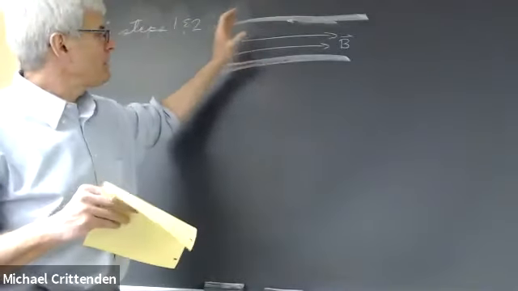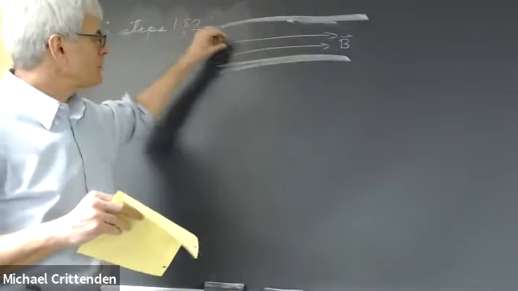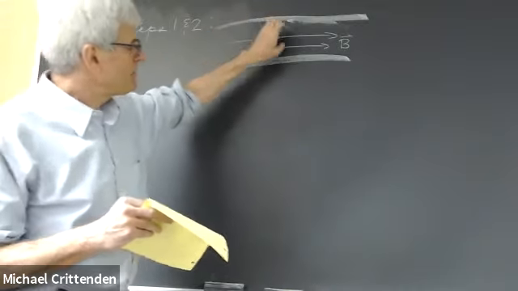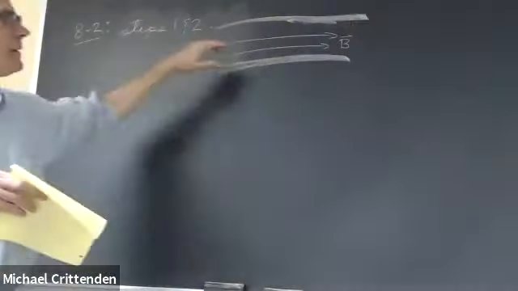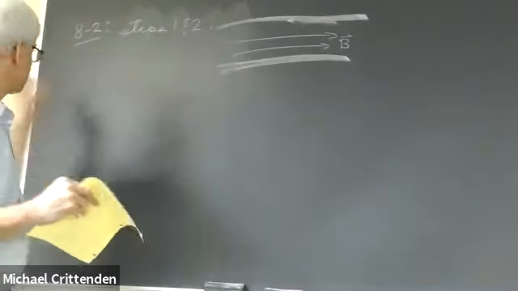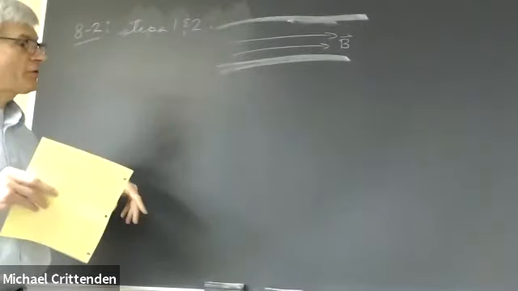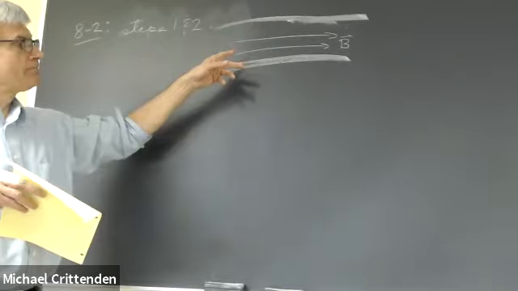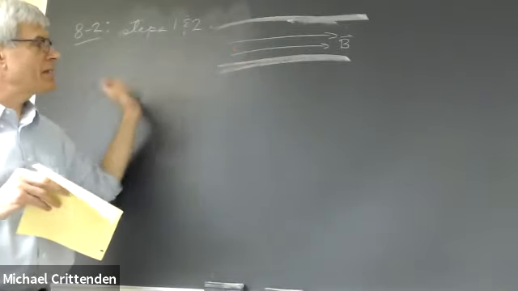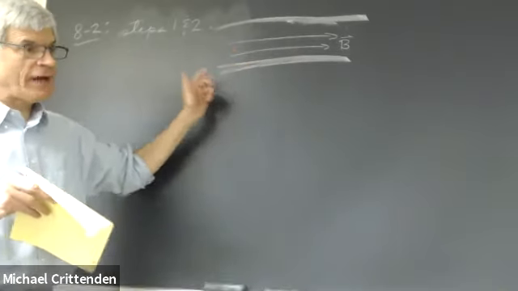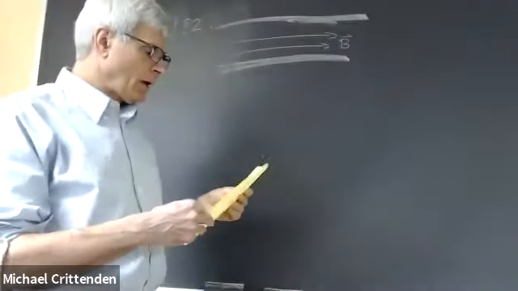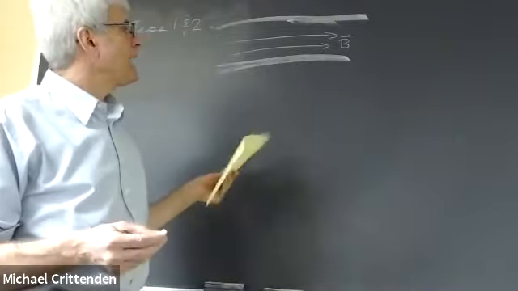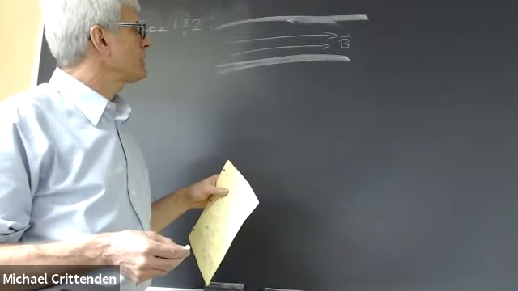So the field, as far as right and left goes, the field here has to be the same as the field here, has to be the same as the field here, because of the symmetry of the situation. B cannot be a function of x, okay, if the x-axis is horizontal. So that's kind of what it looks like.